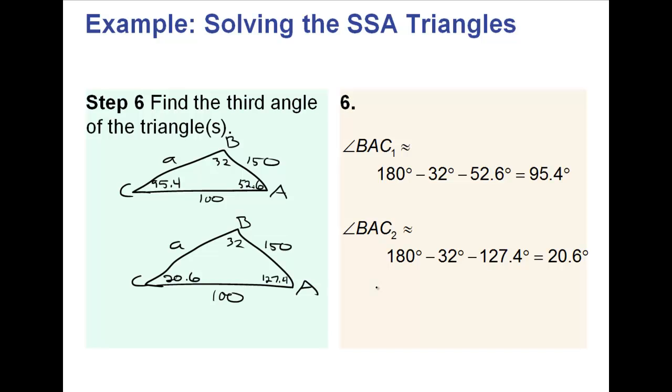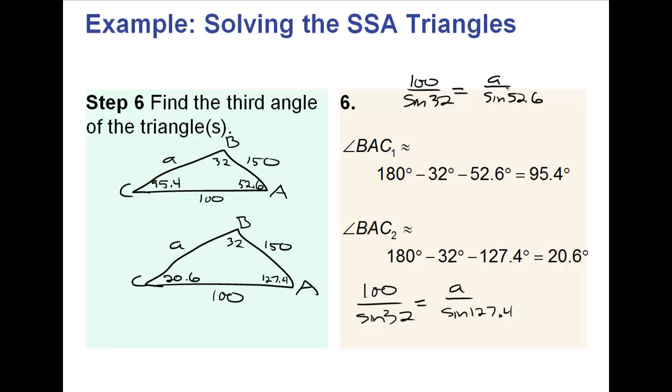Now you might be thinking, hey, if I use little b over sine of B and equate it to little a over sine of 127.4 for this triangle, and then I go up here and I do little b over sine of 32 is little a over sine of 52.6, aren't I going to get different responses?